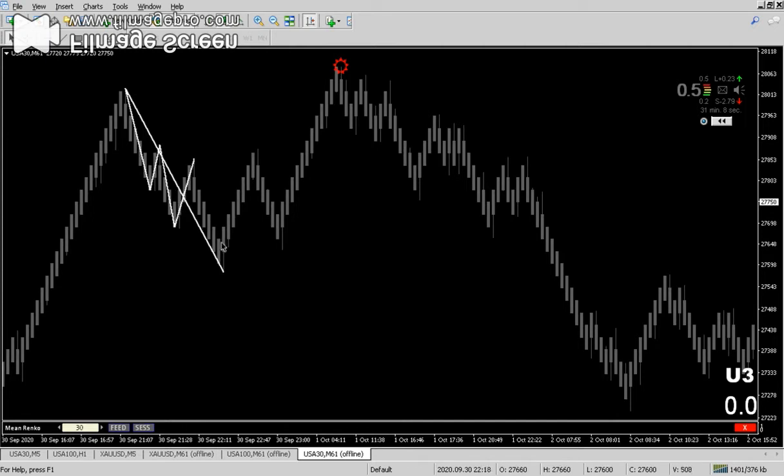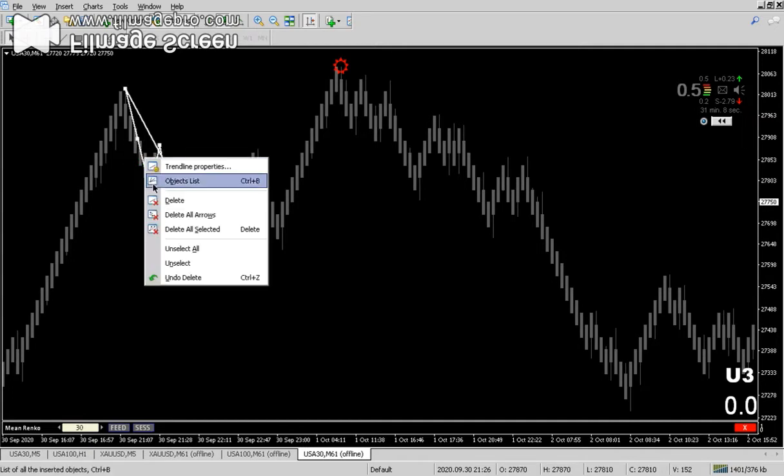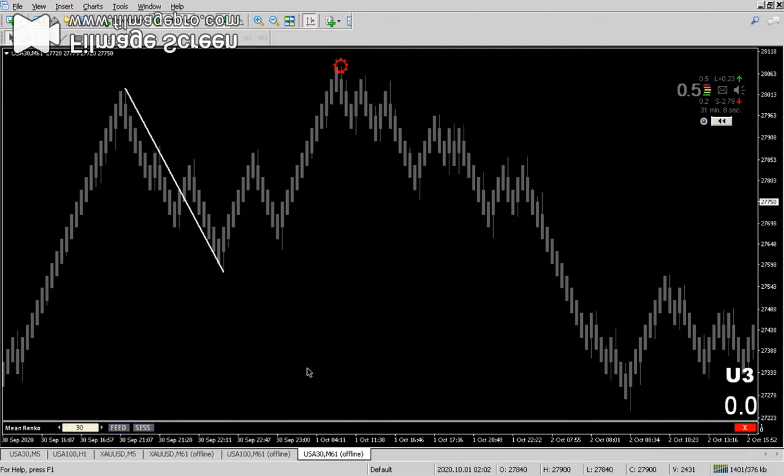But being able to train your eye to see these major moves, and then measure them out with the Fibonacci, or just see them and understand where the breaks are and where they need to break in order for it to be retested for a proper sniper entry, is key. So let's just worry about the major structural levels, and once we're able to see those, you'll be able to see the market quite differently.